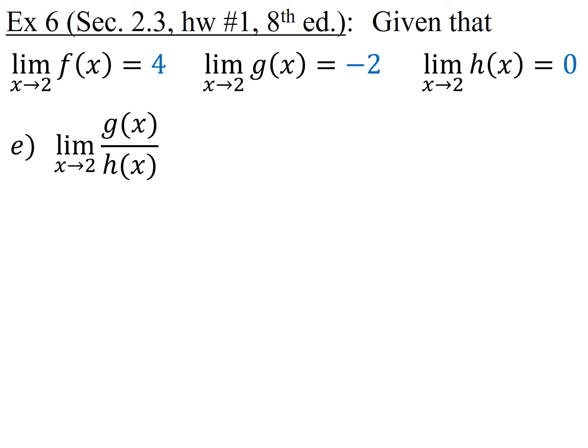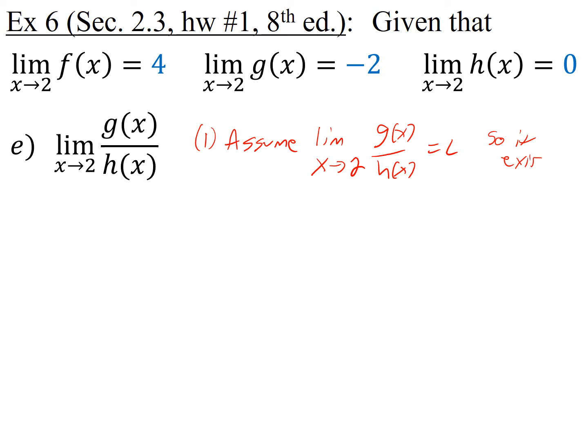So when you do a proof by contradiction, first thing I'm going to say is, we'll call this 1, assume that this limit, the limit of the entire thing, exists. I should call it something, so I'll call it L for limit. So I'll assume this limit is L. So it exists.